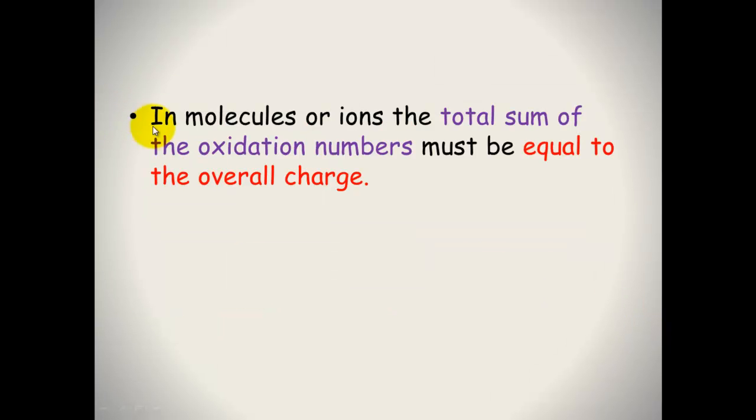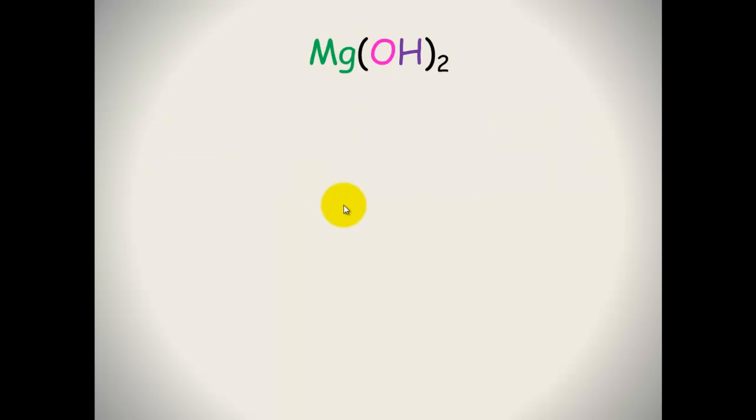In molecules or ions, the total sum of the oxidation numbers must be equal to the overall charge of the compound, of the element, or of the polyatomic ion that we're talking about. So let's look here. Magnesium hydroxide. Let's look at our rules. Magnesium is a metal in a compound. So if we look at our table, the oxidation number equals the charge on that ion, which would be +2.